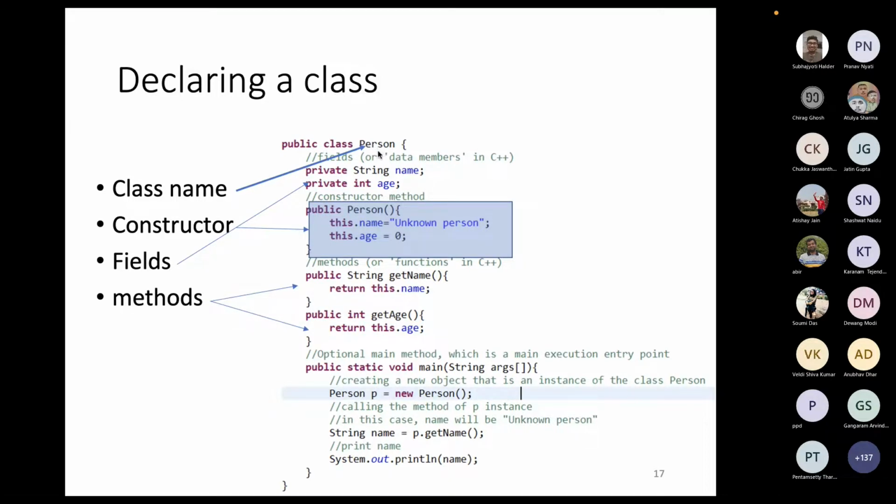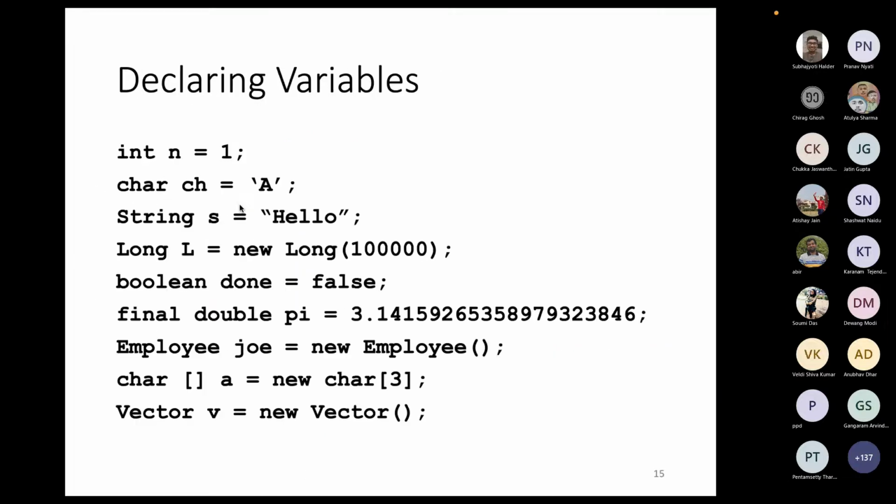So here you are defining a class of type person, and that is the name of the class. When you try to define an object of type person, you will say person, let's say P equal to new person. So this is how you would define. This is what we were discussing here.